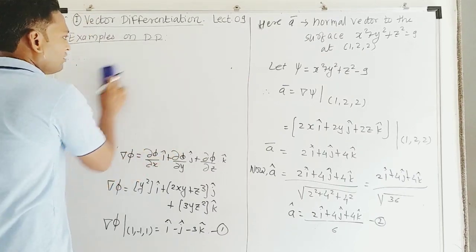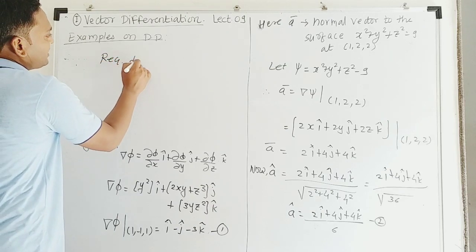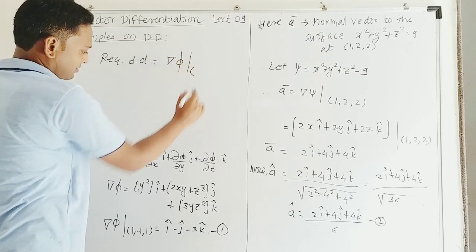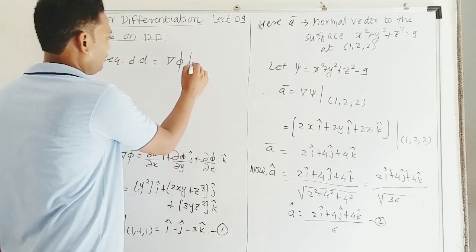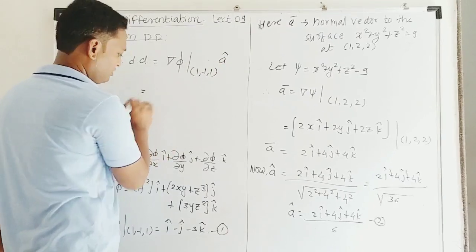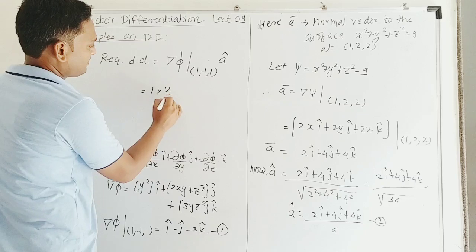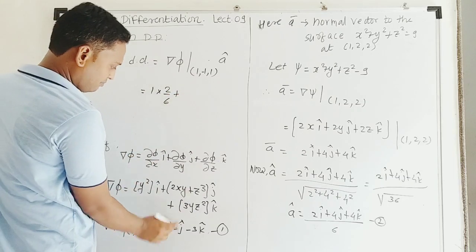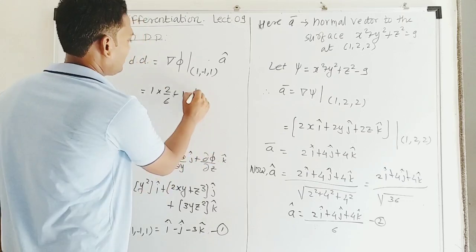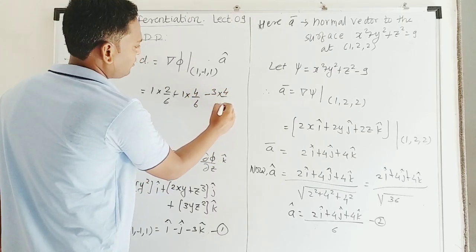Therefore, the final answer: the required directional derivative is equal to del phi at the point (1, -1, 1) dot product with a cap, which will be equal to 1 into 2 by 6 plus (-1) into (-1) into 4 by 6 and minus 3 into 4 by 6.